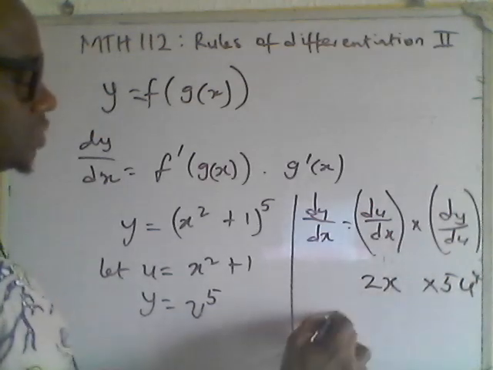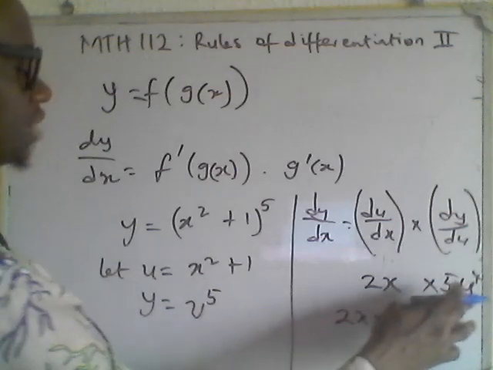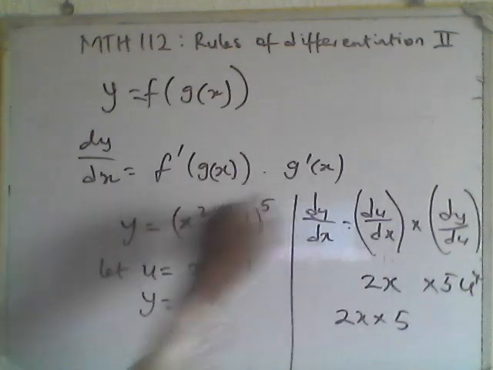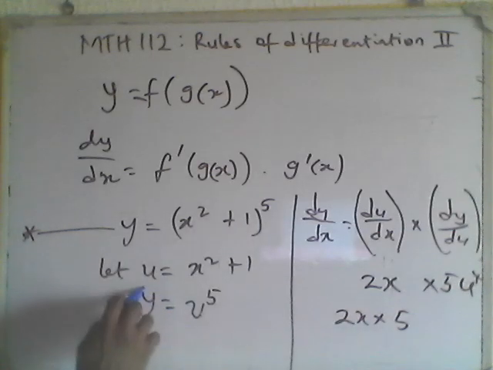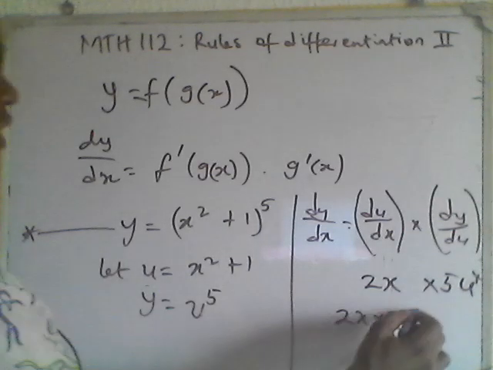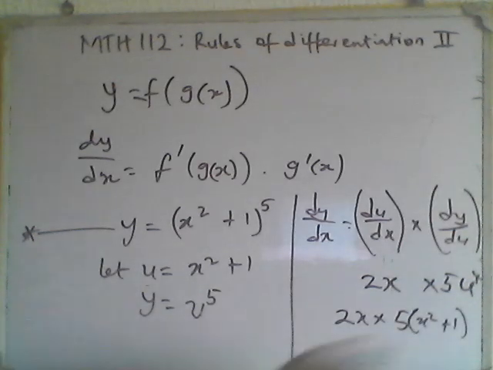So this is the same thing as saying 2x times 5 u to the power 4. But we don't have anything as u in the initial expression. This is the initial expression. We don't have anything as u there, right? So we have to recall what u is. U is x squared plus 1, bracket close. So I can simplify this further.